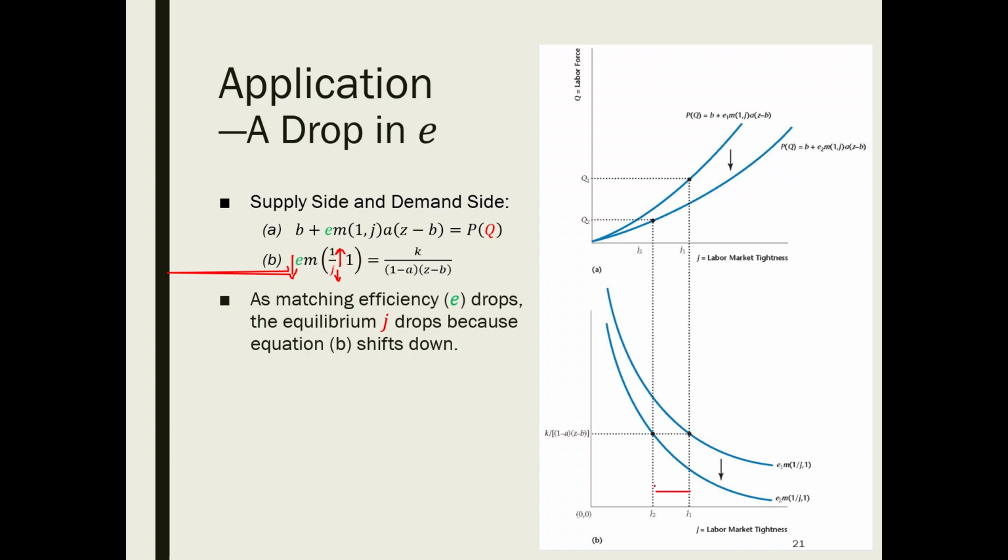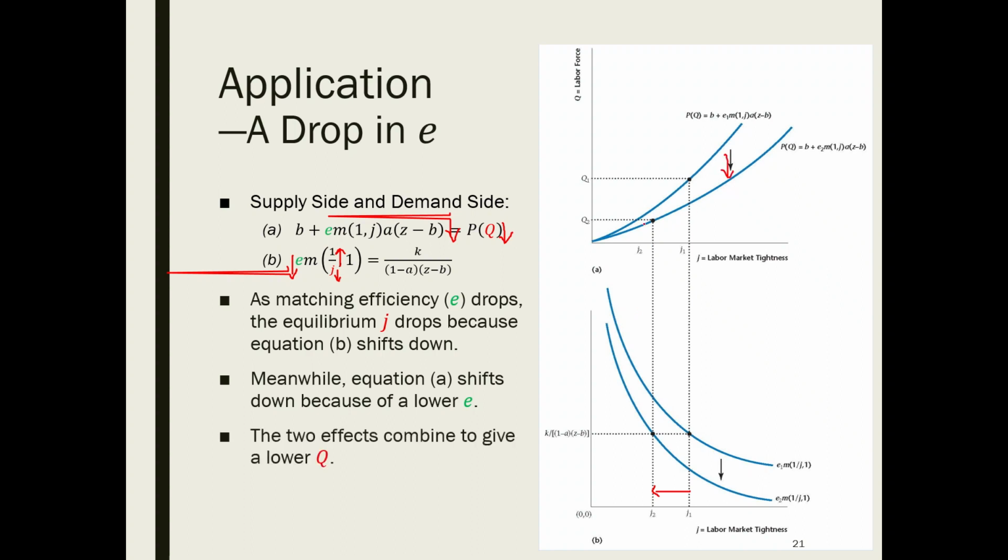At the same time, a drop in E makes the left-hand side of the first equation decrease. So for all values of J, Q must decrease to maintain the balance. This is a shift downward of the supply curve. The combined effect makes the labor force drop from Q1 to Q2. The intuition is that a lower matching efficiency demotivates participation.